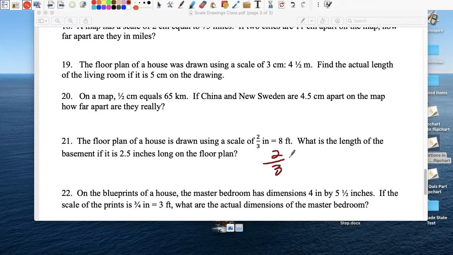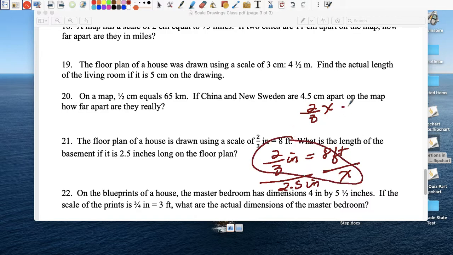2/3 of an inch is 8 feet. The basement is 2.5 inches. How much is that in feet? Alright, so are we going to get 2/3 x, cross multiply? 2.5 times 8, which is 20.